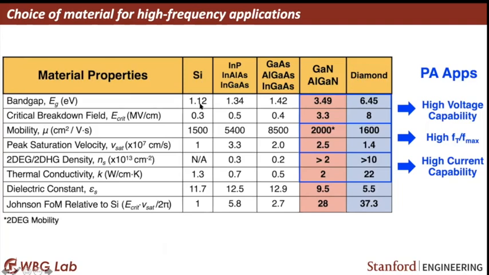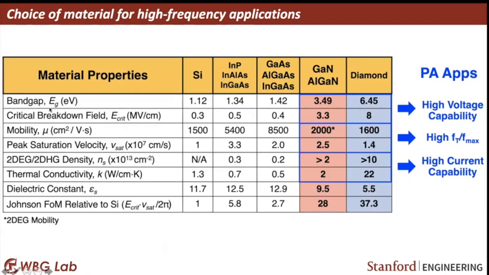Now if you use silicon, what is going to be your performance? If you use gallium arsenide, what is the performance? So the final amplifying capability basically relies on basic material properties like band gap.